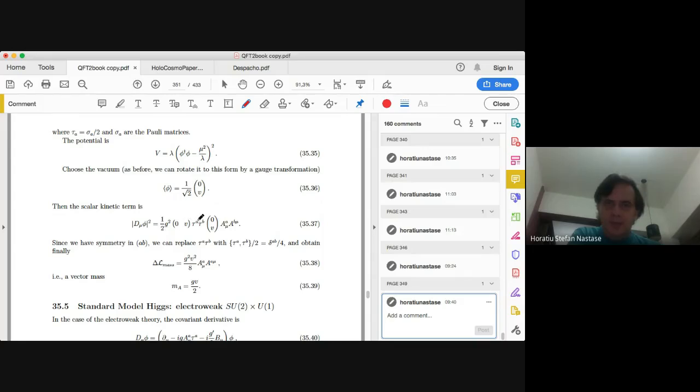Since we have a symmetry in the indices a and b because of the contraction over mu, we can replace tau a tau b with the anticommutator over 2.